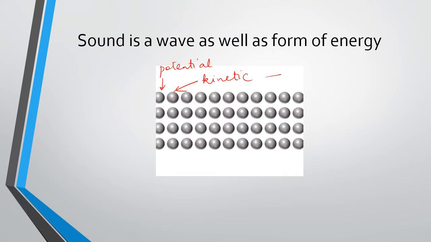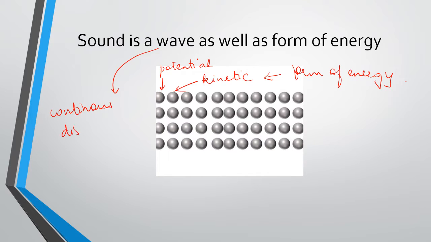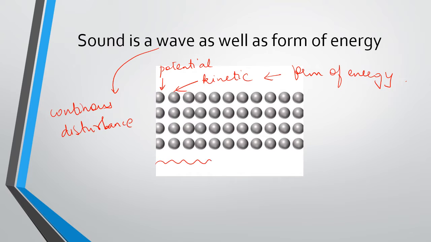So that is why there is a transfer of energy taking place. So it is called a form of energy. And why is it called a wave? What is a wave? A wave is a continuous disturbance. Again, as this diagram shows, there is a continuous disturbance which is occurring in these particles. That is why it is called a wave.